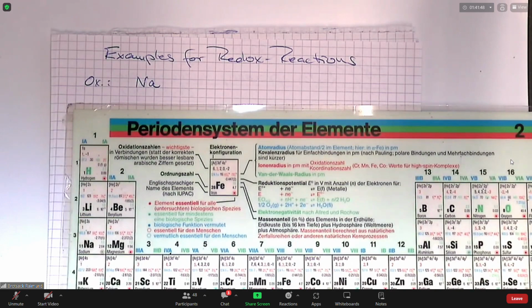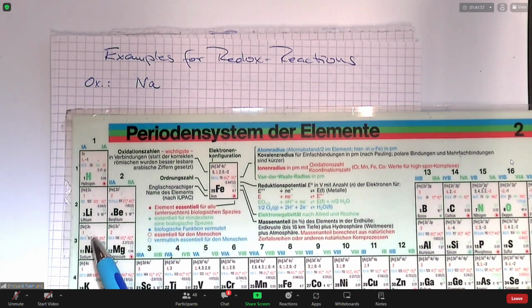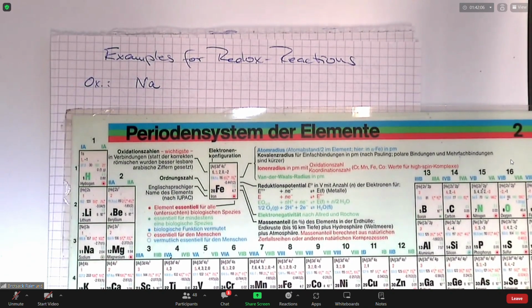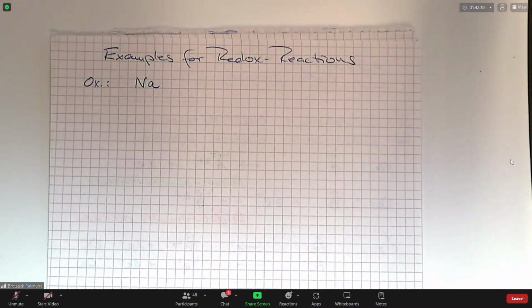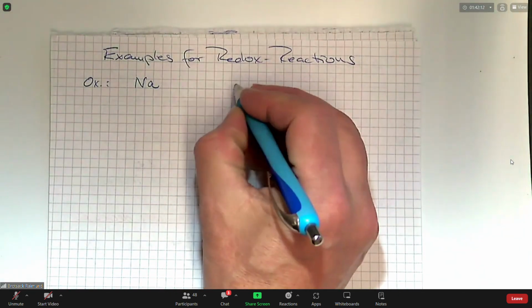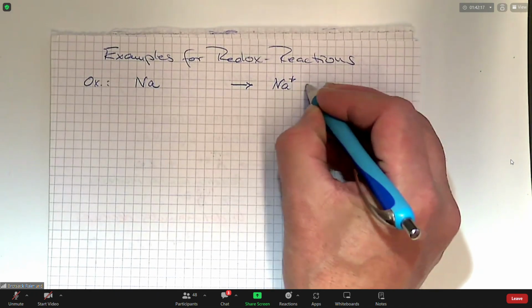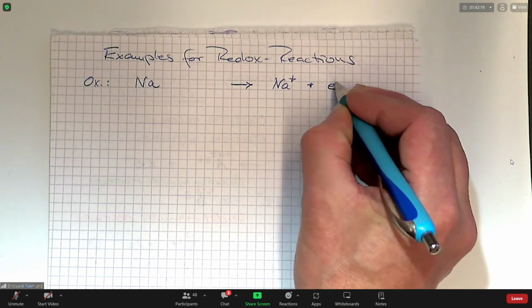Are they releasing electrons or taking up electrons? Releasing, because they give away an electron. In this case, it will end at the neon gas configuration when the 3s electron is released. So we will have an oxidation to the Na plus ion plus 1 electron.